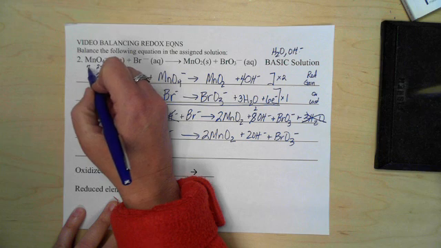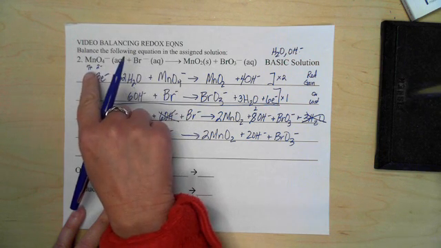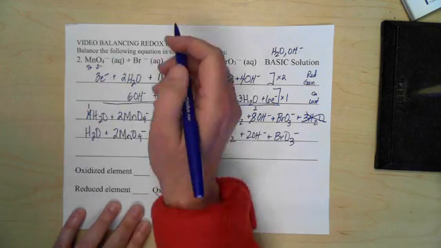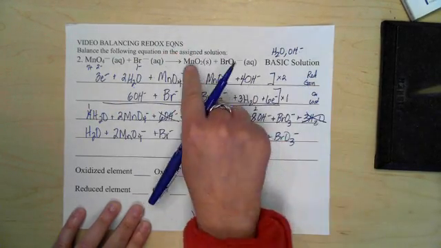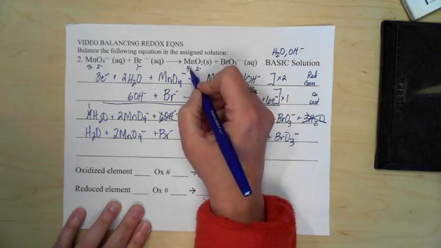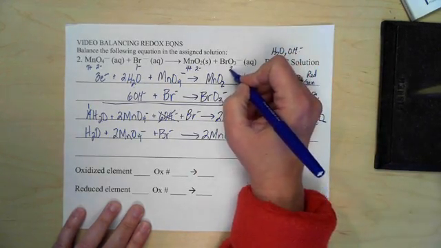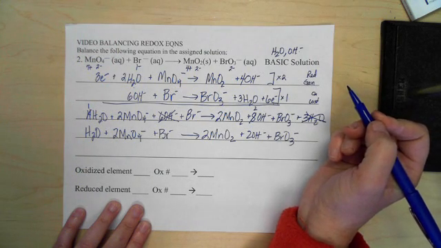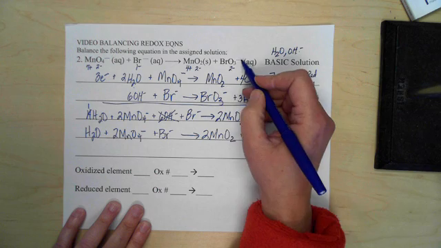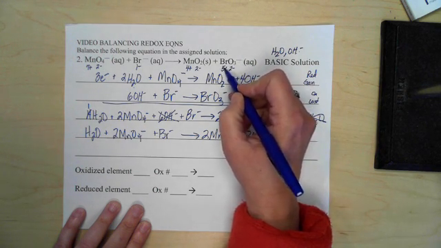So manganese has to be 7 plus so that it totals to 1 minus. Bromine is 1 minus here. Oxygen again is 2 minus, manganese is 4 plus. Oxygen is 2 minus, bromine, because this is 3, so that's going to be 6 minus. We need 1 minus left over, so that's going to be 5 plus.